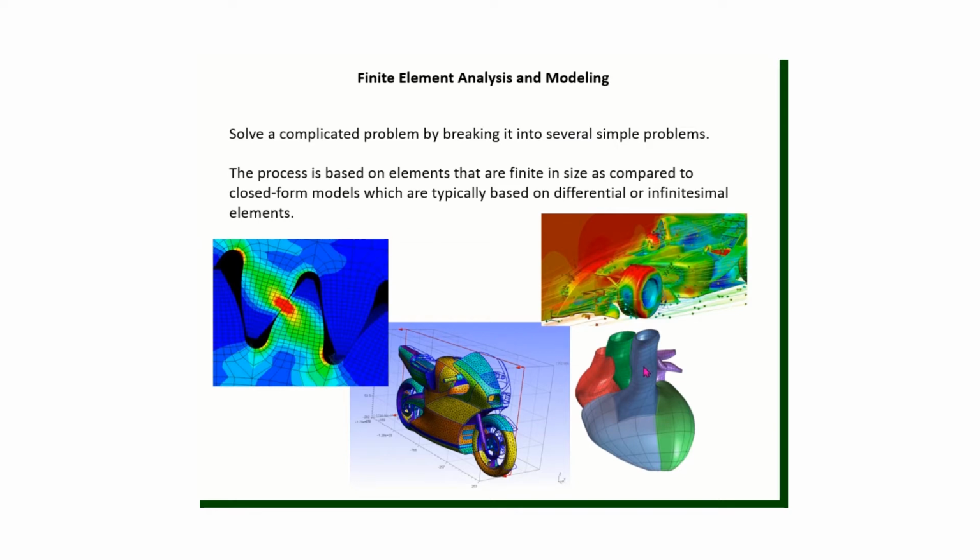This image shows the application of finite element analysis in modeling the function of the heart and using the analysis to predict function changes based on structural changes performed surgically. This image illustrates an area of multiphysics modeling called fluid structure interaction, where the effect on the stresses due to the flow over the parts of a race car are shown.